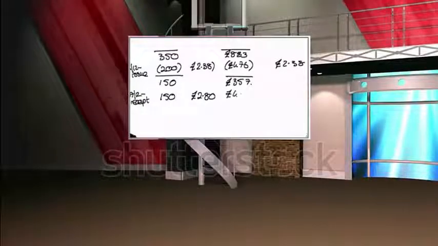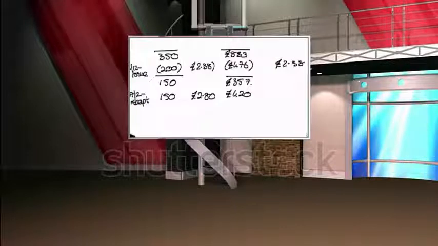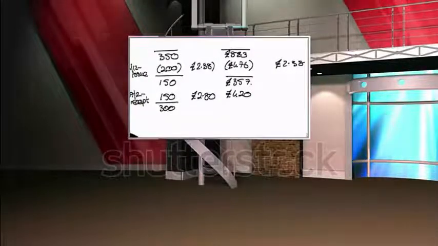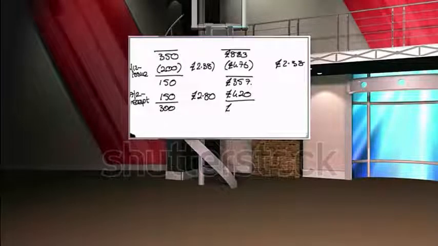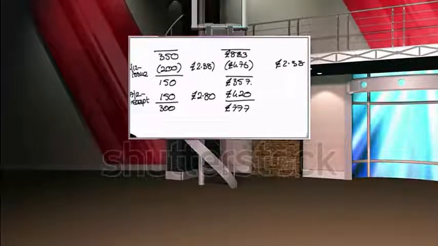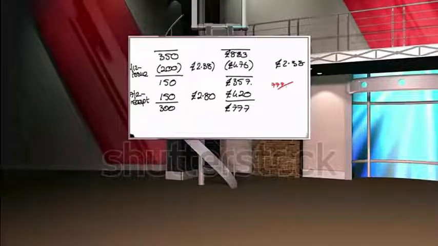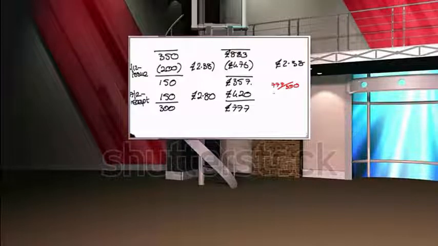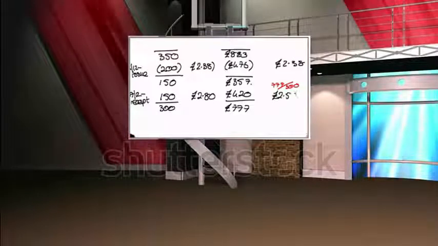So the total value of the receipt was £420. So now we have 300 units in our inventory, the total value of £777. So our average cost per unit, 777 divided by 300, gives us £2.59.